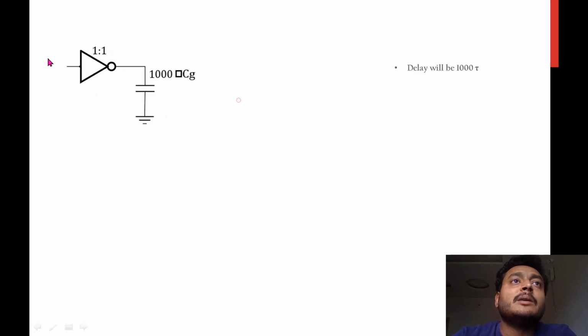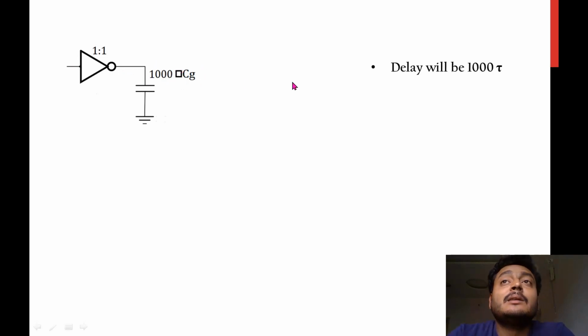If you have this 1:1 standard inverter and some large load, 1,000 CG for example, then the delay will be almost 1,000 tau. So in order to charge this 1,000 CG, the delay will be 1,000 tau. Right? So what can I do for reducing the delay?